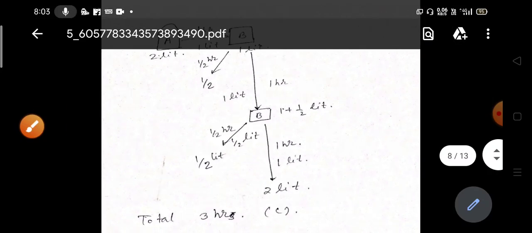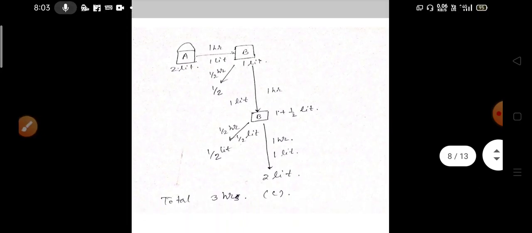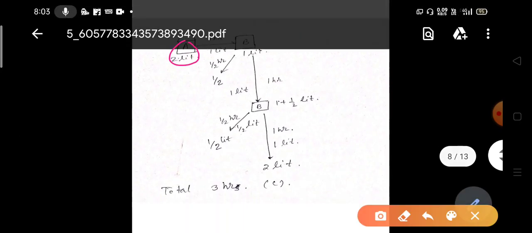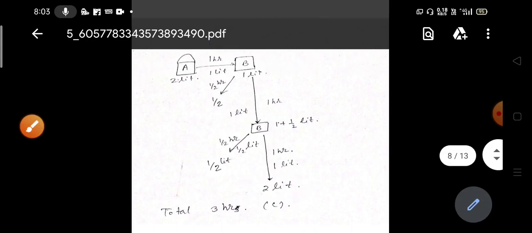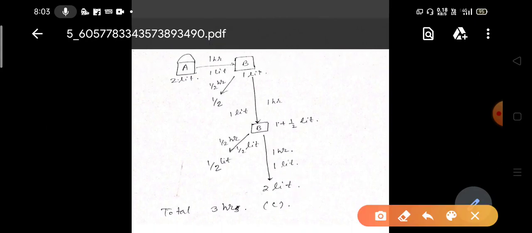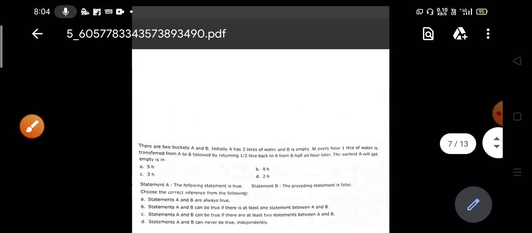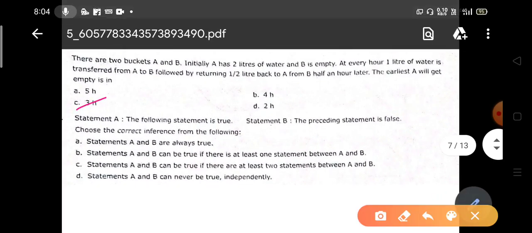So the 2 liters of water which A had at the first instant of time is now totally within the B bucket. So how much time will B take to get the full 2 liters of water from A? That is 1 hour. This is the minimum time, 1 hour plus 1 hour plus 1 hour, that is 3 hours. So option C, that is 3 hours, is the correct option.